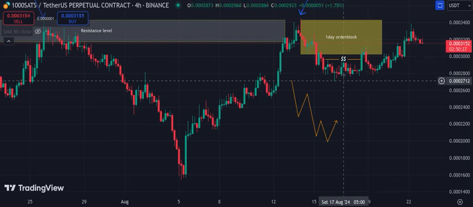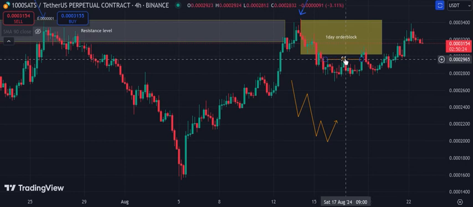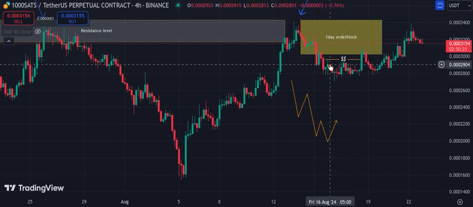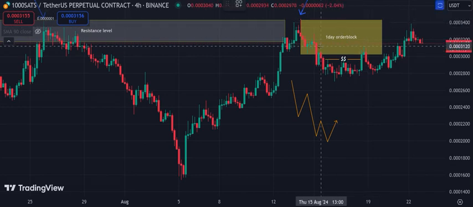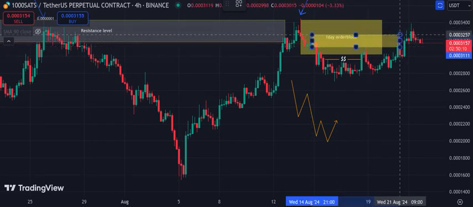So after market has taken out this internal high, the last order block here should be this particular candle.